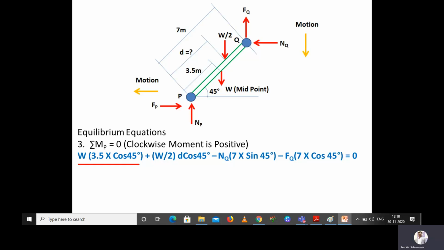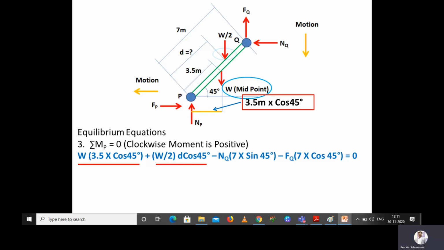The first one is W, the weight of the ladder. We have to calculate the perpendicular distance with respect to P for the weight W. So 3.5 cos 45 will give the perpendicular distance with respect to point P for the force W.